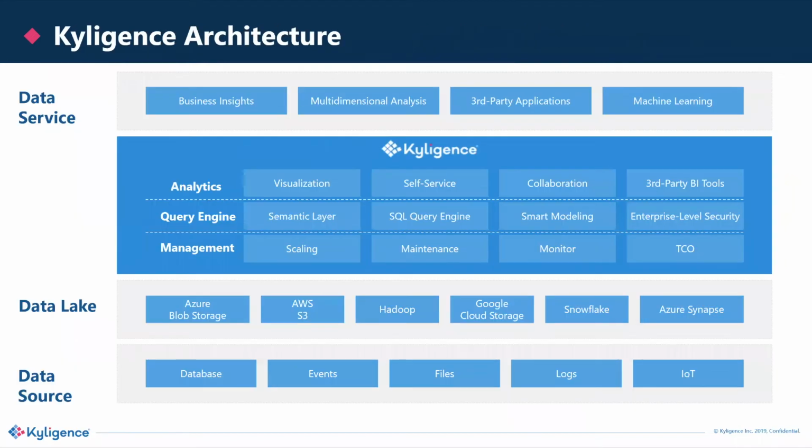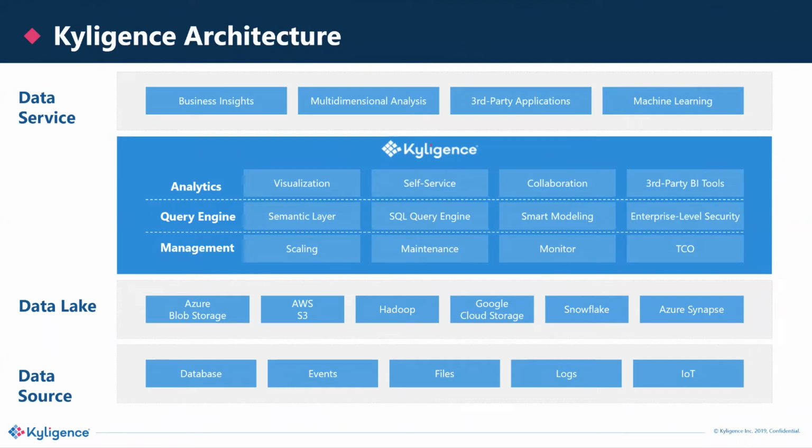And here is one more different way of looking at the architecture diagram, where we connect to most databases and sources, event files, logs, IoT data. We can sit on any of those data lake solutions, on-prem or over the cloud. We provide three distinct layers of management, which take care of auto scaling, maintenance, and total cost of ownership.